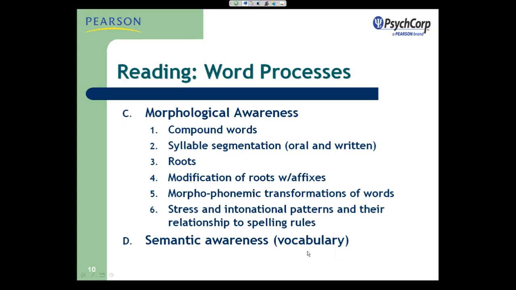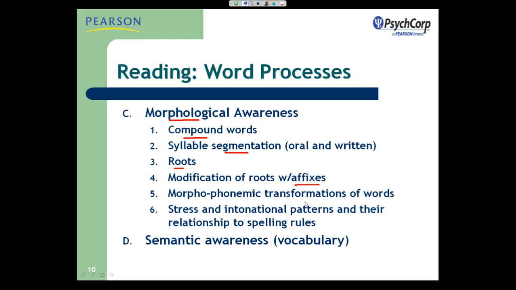And when you think about the meaning, morphological awareness, if you think about compound words, words that are made up of two words with which you are already familiar, certainly that's going to be helpful. Again, using the context to be able to name those words, you should be able to segment syllables, look at the roots of words, maybe looking at base words with affixes, prefixes, suffixes.